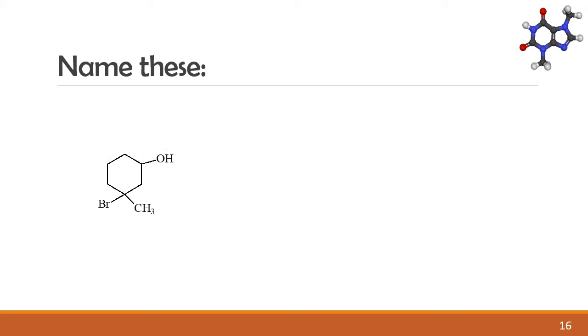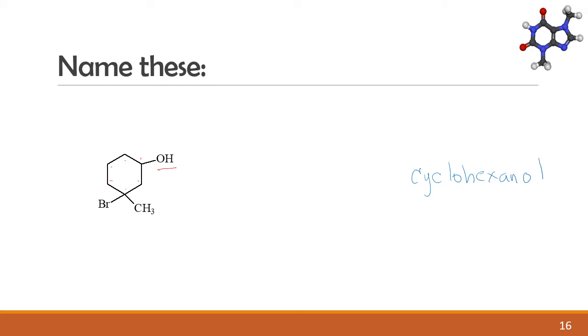Let's try naming one more alcohol. This is a cycloalkane with a hydroxyl group. There are 1, 2, 3, 4, 5, 6 carbons in this cycloalkane. A 6-carbon cycloalkane with a hydroxyl group is called cyclohexanol. Now let's number the carbons in cyclohexanol.